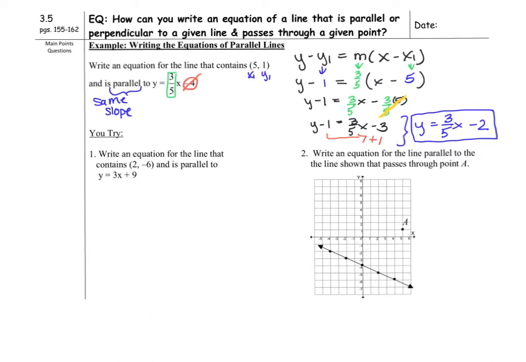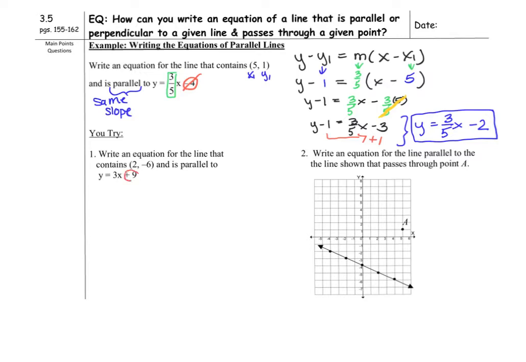Let's try another one. So we're going to write an equation for the line that contains the point (2, -6), and is parallel to y = 3x + 9. Given this information, what would you use for the slope? Because I want a line that's parallel to this line, it has a slope of 3.